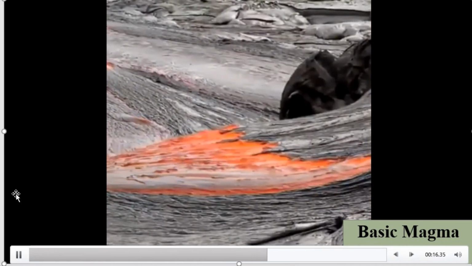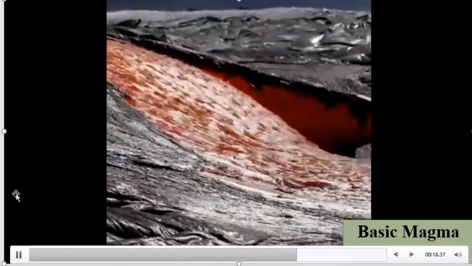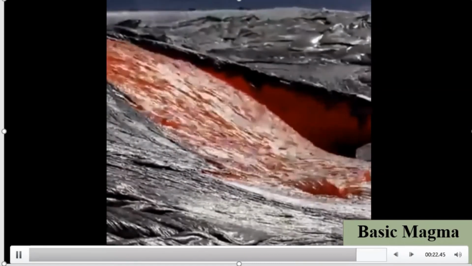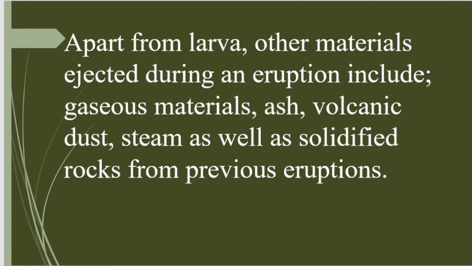And when that happens, it forms landscapes that include the lava plateau. Apart from lava, other materials ejected during eruption include the gaseous materials such as ash, volcanic dust, steam, as well as solidified rocks from previous eruptions.